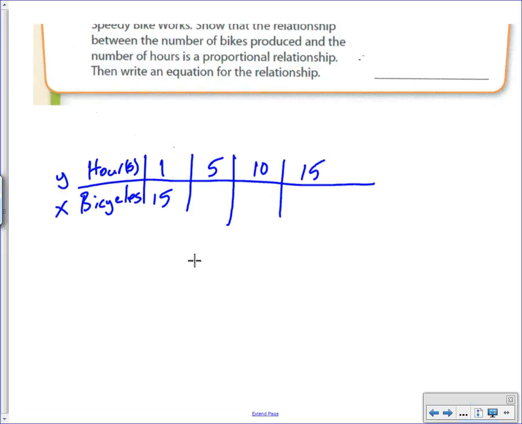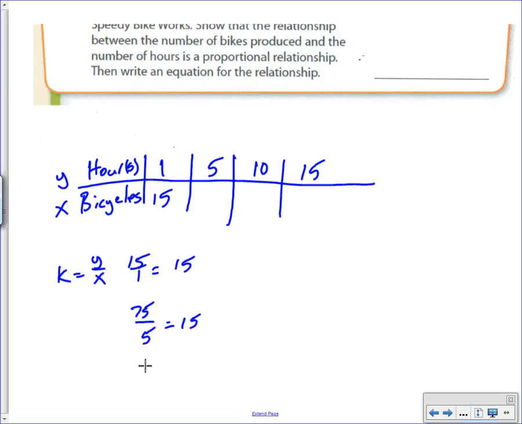So our k equals y over x. So we'll do this first one. That's 15 over 1 equals 15. Then we're going to do the next one. 5 for our x. This has to equal 15, so 5 times 15 is 75. And then we need to make sure that does equal 15. 75 divided by 5 is 15.